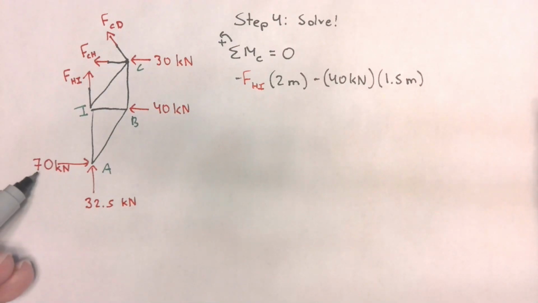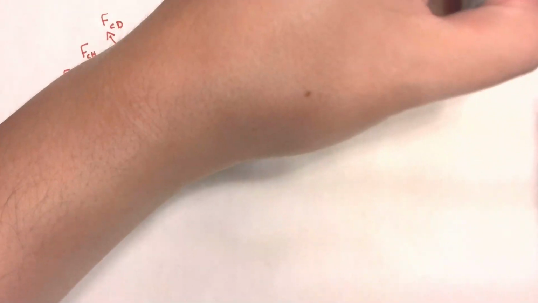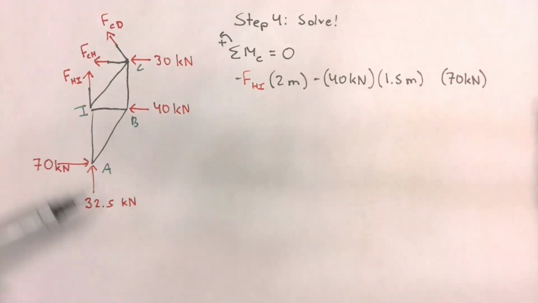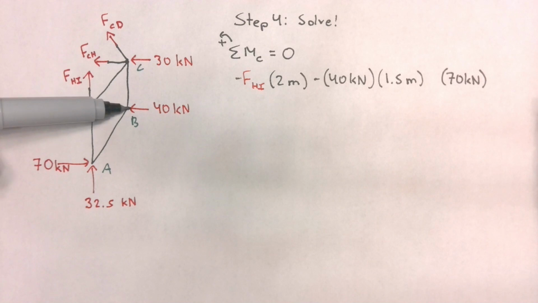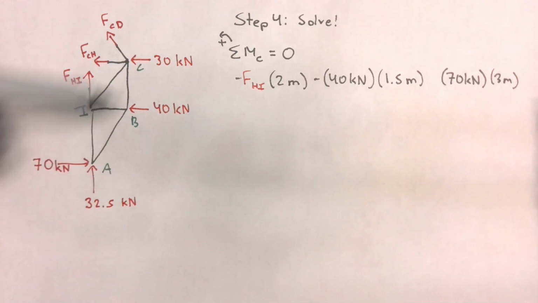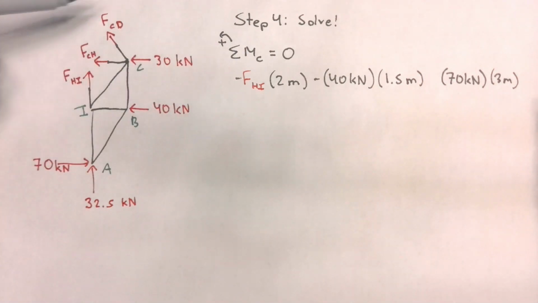Then I have 70 kilonewtons at a distance of 1.5 plus 1.5, that's 3 meters, and that's causing a counterclockwise rotation about point C, so I'm going to give it a positive value.